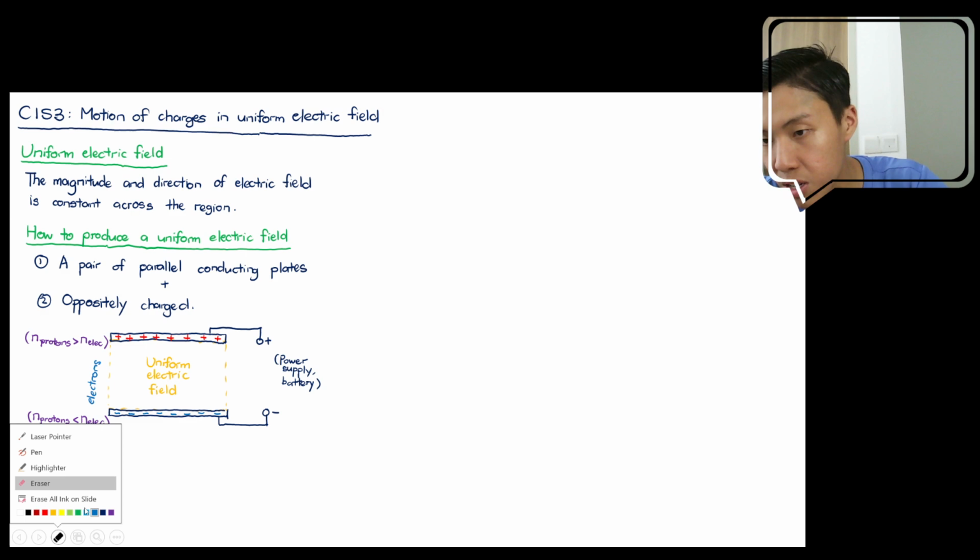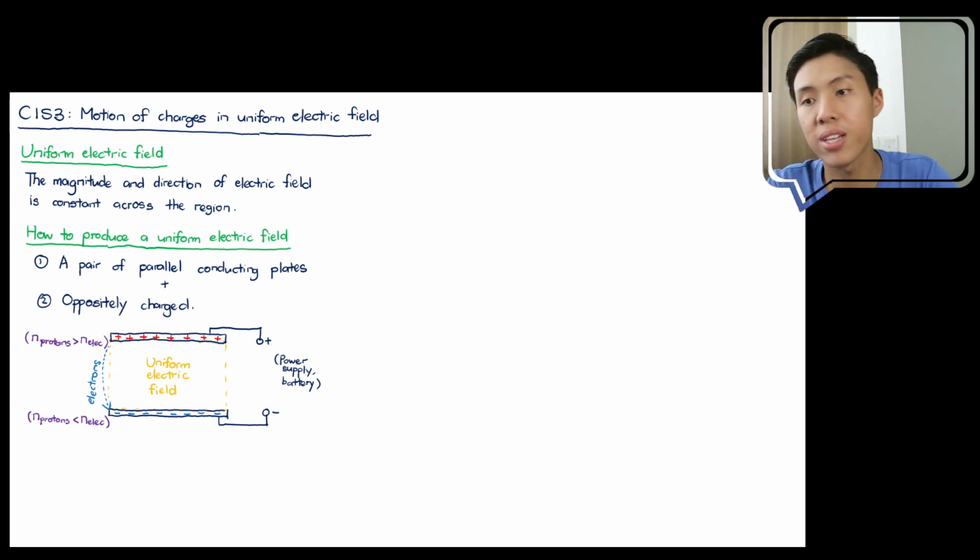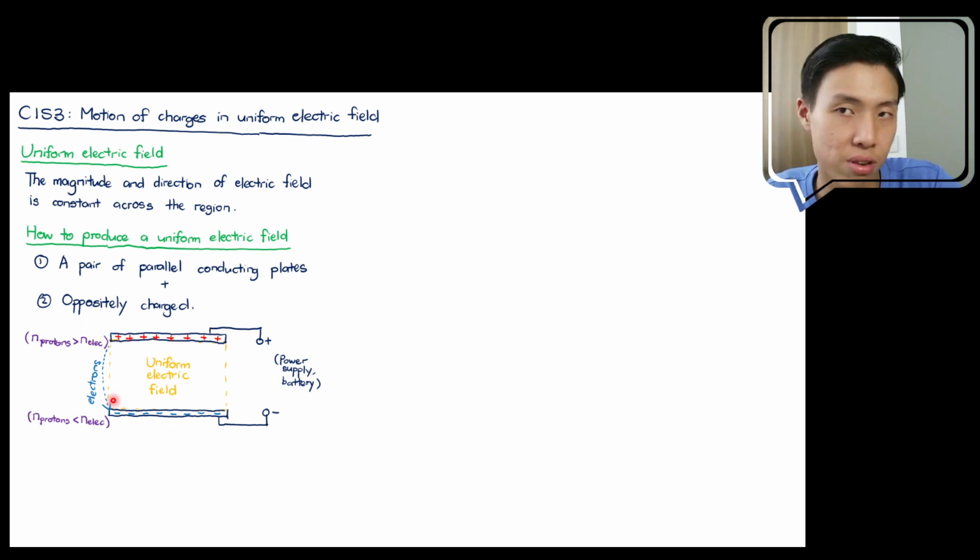There will be some kind of charge or electron flowing from the positive plate to the negative plate, and that will result in the plate over here being negatively charged, whereas this plate will be positively charged. Of course, you'll be thinking, is it okay if I flip the situation? Let's say I put the negative plate here and the positive plate here. No problem. You just need to bring your electrons from the lower plate to the upper plate. Then you are able to make the upper plate negatively charged and the bottom plate positively charged.